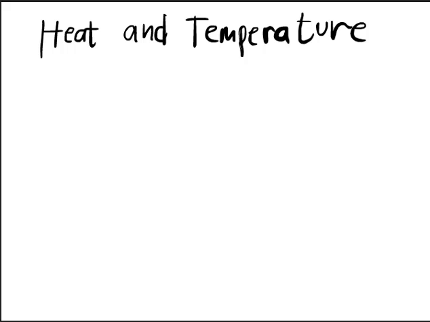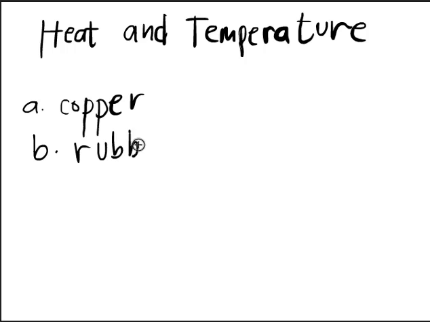Okay, so I have a question for you. I have 4 examples. The first one is copper. Letter B is a rubber. Letter C is a piece of wood.